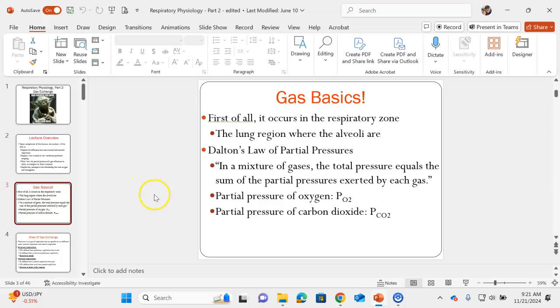So the first thing we need to address here is what's called Dalton's law of partial pressures as it pertains to this current context. So in a mixture of gases, the total pressure equals the sum of the partial pressures exerted by each gas. Now, I don't remember if I talked about this in part one, but let's use our own air in the environment as an example.